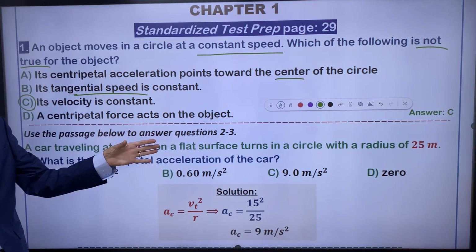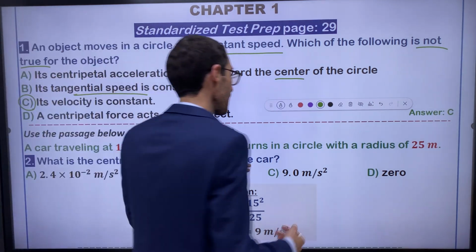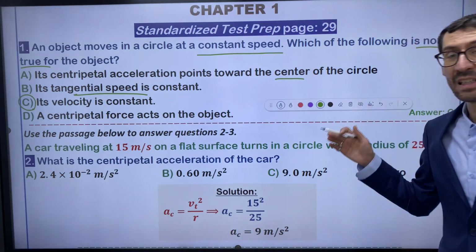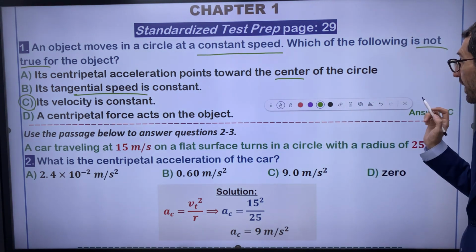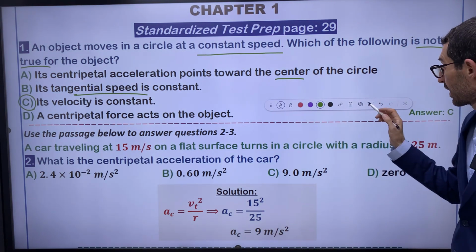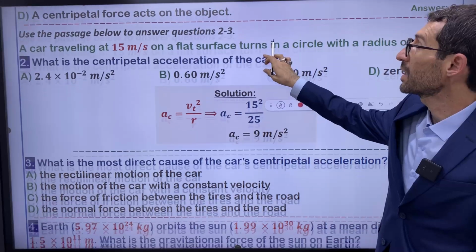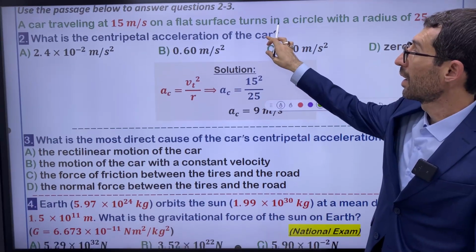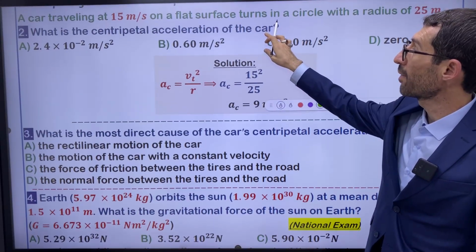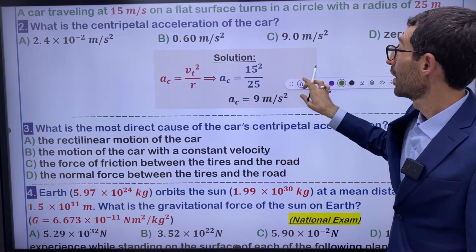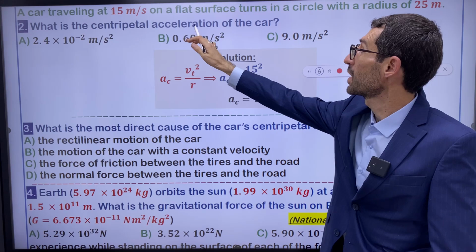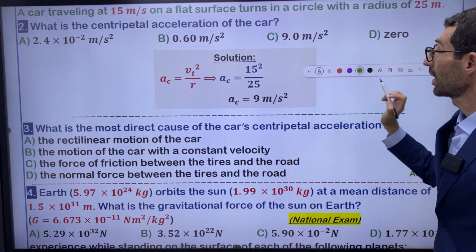So there's a passage. This passage is dedicated to questions number 2 and 3. Let me read it for you. A car traveling at 15 meters per second, right?